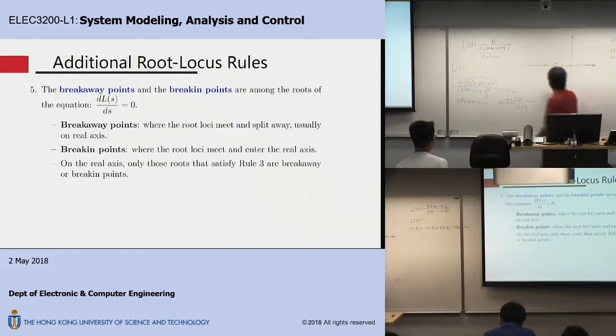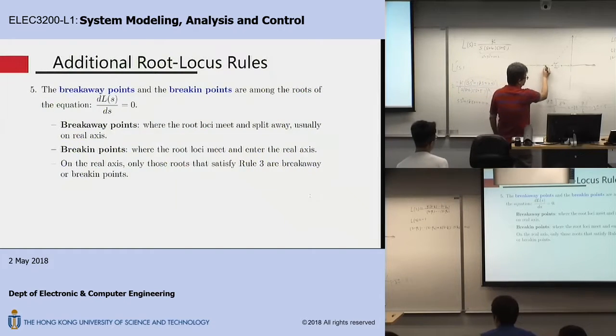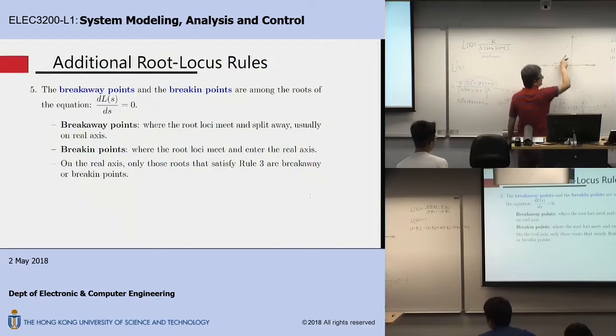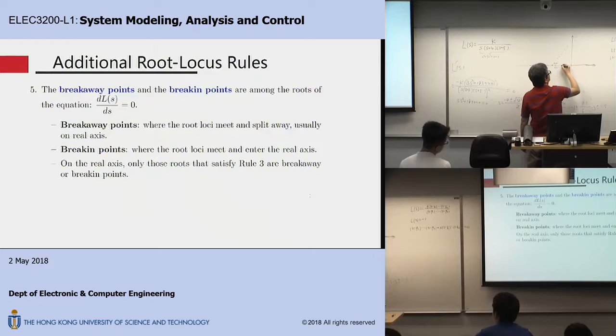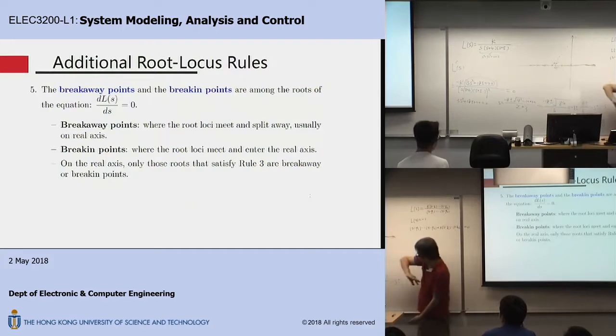Now I have a very good understanding of the root locus. So it goes from here and meets here, then splits and approaches that line. So it goes like this. It's symmetric to the real axis, right?